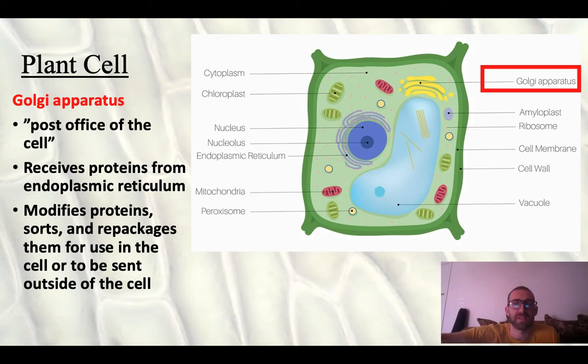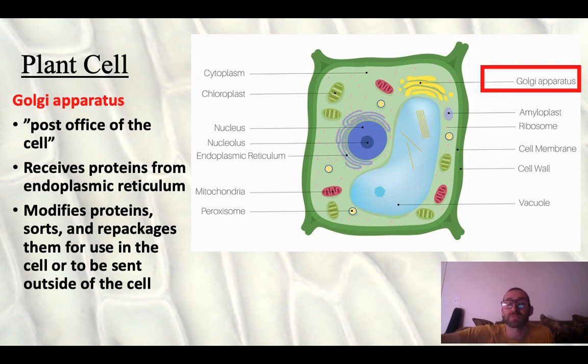Post office. So all of those organelles I talked about, the nucleus, the ribosome, endoplasmic reticulum, Golgi apparatus, even the nucleolus because it makes the ribosomes, are involved in gene expression and protein synthesis. The nucleus contains the DNA and is where transcription occurs, so our DNA gets transcribed to messenger RNA. It moves to a ribosome where translation occurs, where our transfer RNA binds with our messenger RNA and creates a protein, or a chain of amino acids.